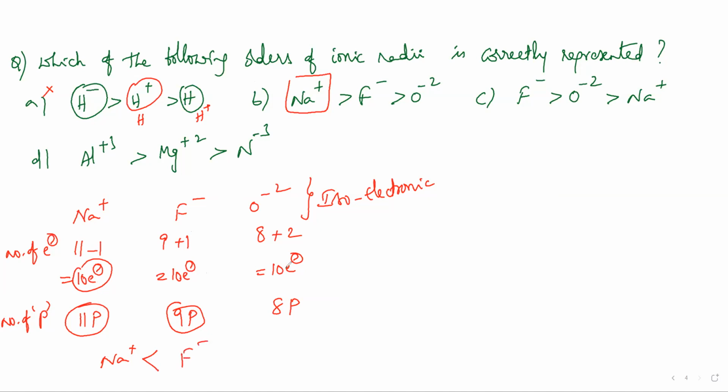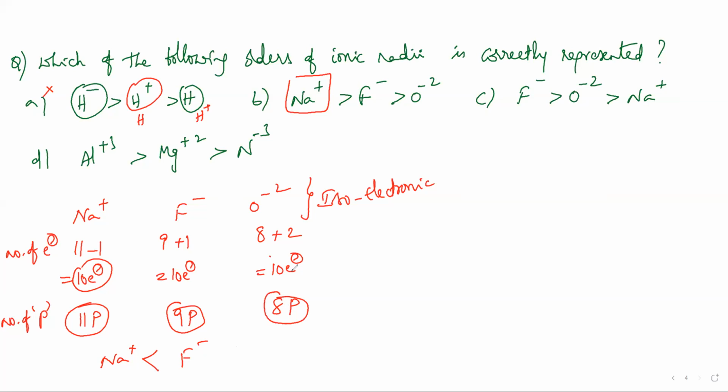And the fluoride ion is much greater than Na plus here. In oxygen, there are 8 protons and 10 electrons. Can it attract those 10 electrons strongly?